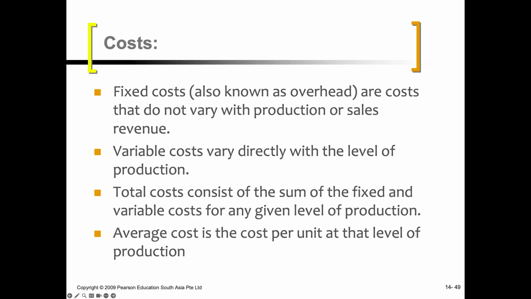Variable costs vary directly with the level of production. Total cost consists of the sum of the fixed and the variable costs for any given level of production. The average cost is the cost per unit at that level of production.